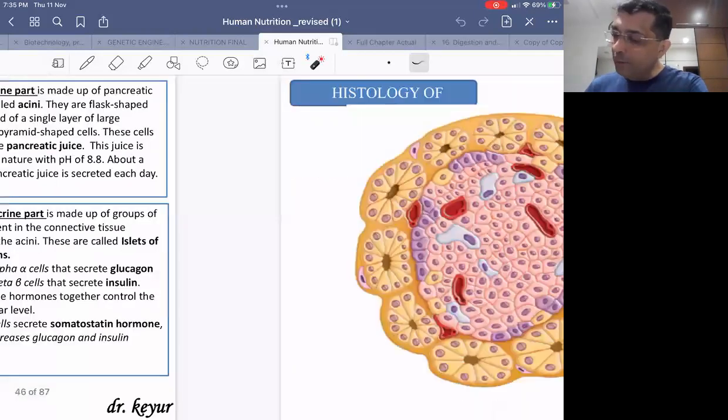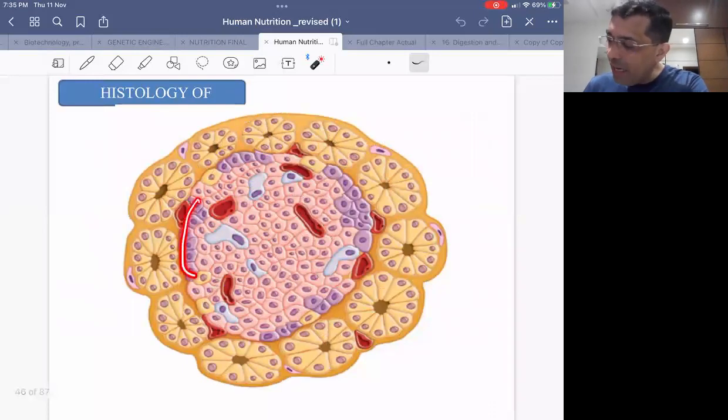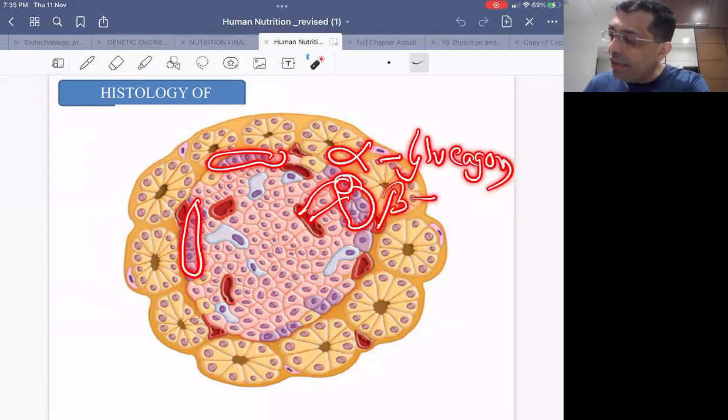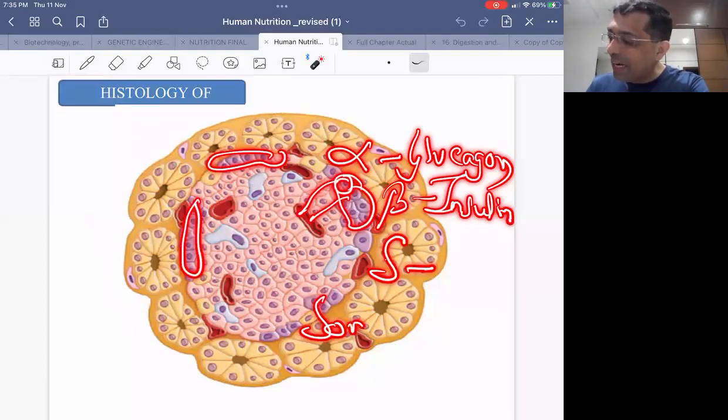What do you mean by these, sir? Sir, ये आपके islets है and ये आपके blood vessels है. So you have alpha cells giving out glucagon, beta cells giving insulin, and delta cells giving somatostatin.